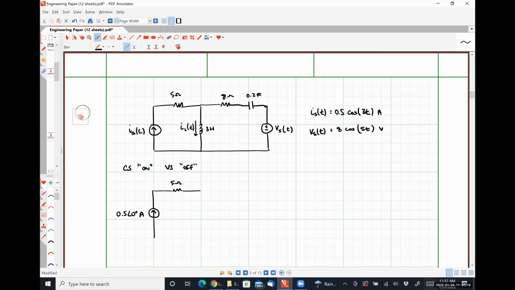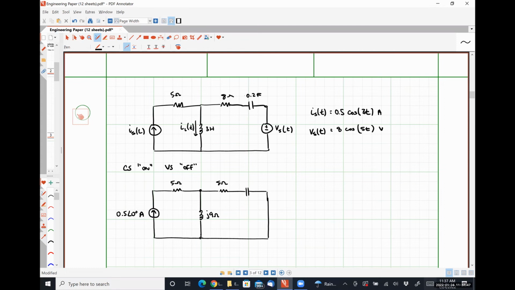Our inductor is going to have an impedance of J times omega, which in this case is 3. So J times 3 times 3 looks like J9 ohms. Then we'll have our 8 ohm resistor over here. We have our capacitor, whose impedance depends on the value of omega. And then since our voltage source is off, we short circuit it.